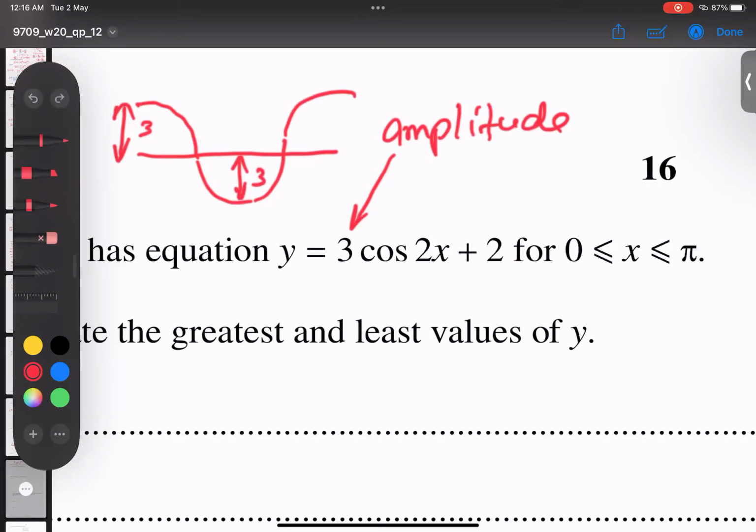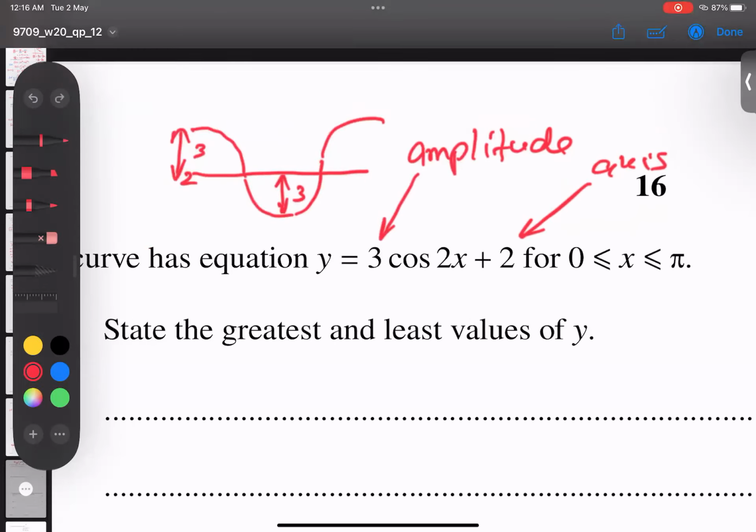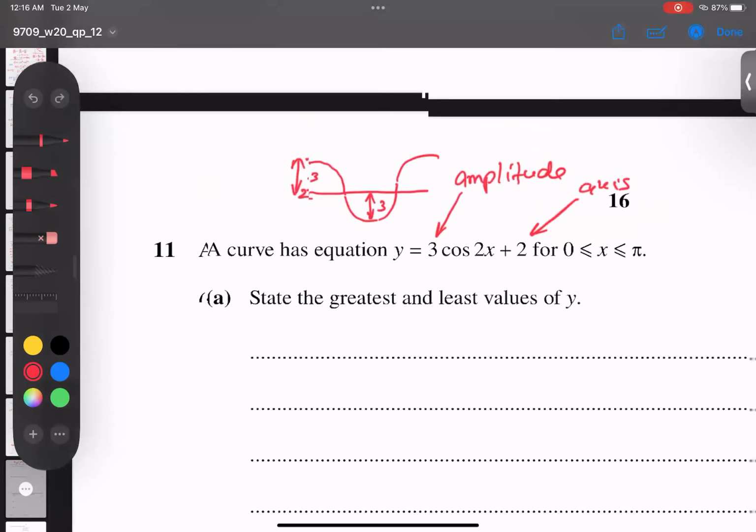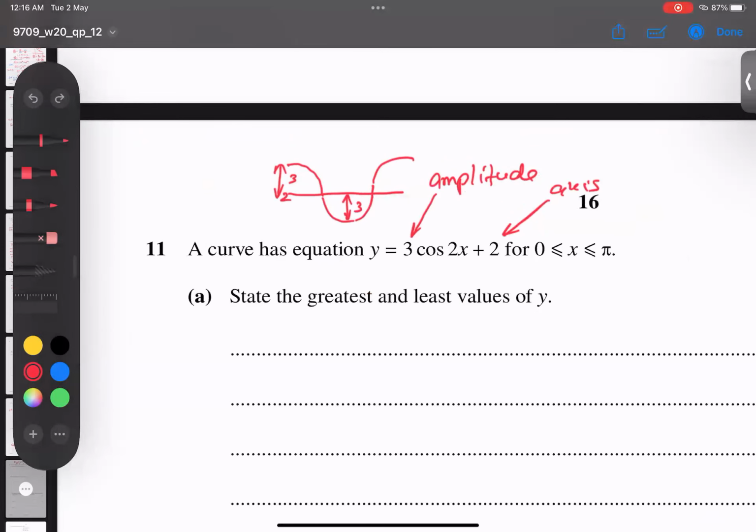This is called the axis, students. The axis is the middle line, here 2. So from 2 it goes up and from 2 it comes down. So simple. The rule to find the largest and least value of y: in the axis, if I add the amplitude, or in the axis, if I subtract the amplitude.